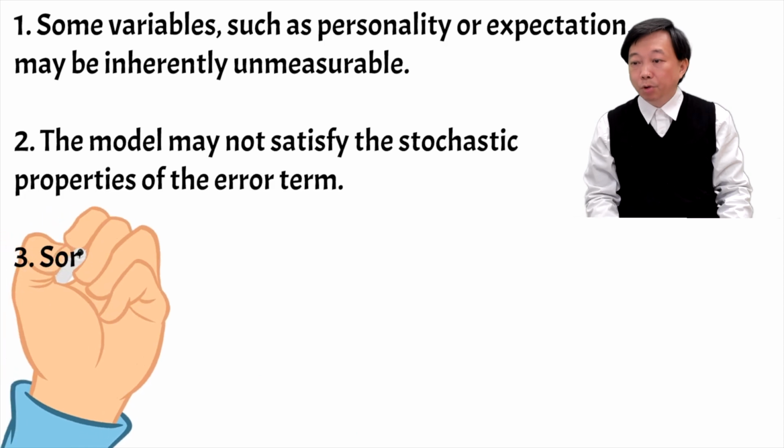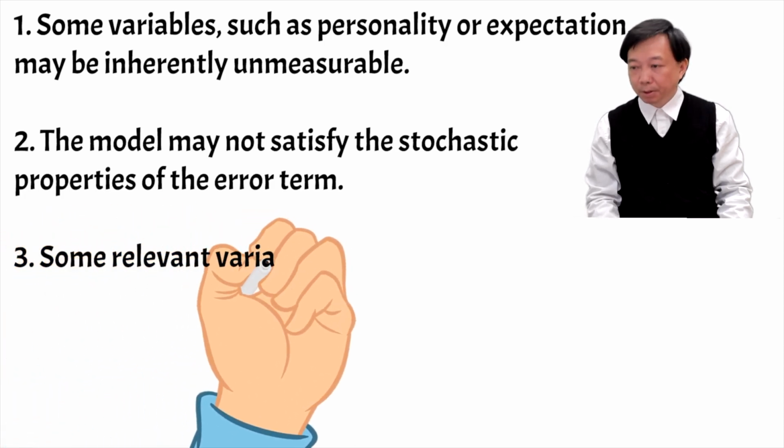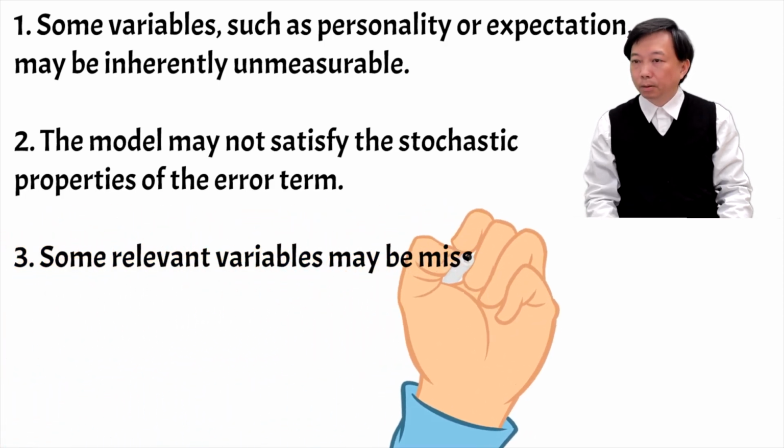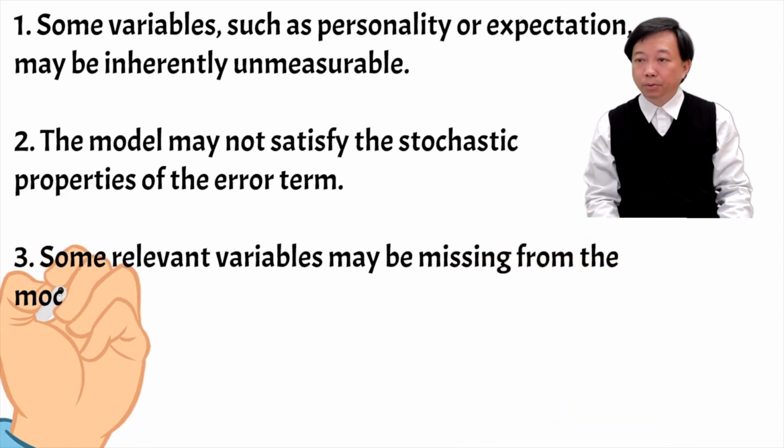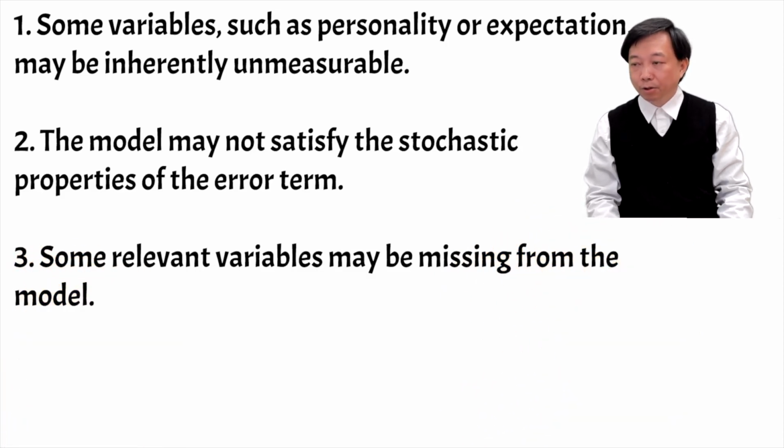Third, some relevant variables may be missing from the model. If the omitted variables are correlated with the explanatory variables in the model, the OLS estimate may be biased. We should use estimation methods to address the above two problems.